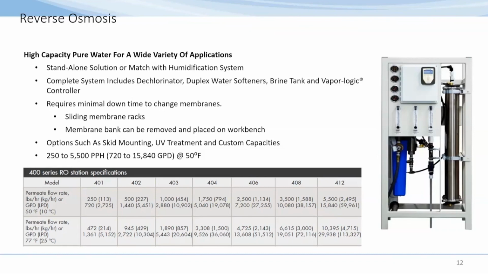The one note I want to make at the bottom of this chart is we tend to size our systems based on 50-degree Fahrenheit water. This is something that we found beneficial for many industries, but what can be beneficial for the cultivator is lower temperatures lead to better quality water coming out of the permeate. So you're really starting with a better base.